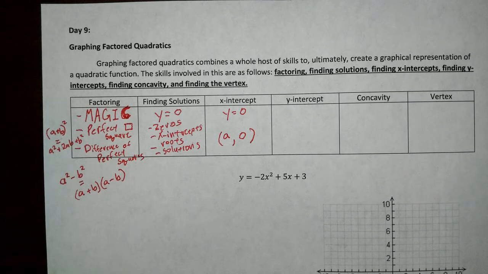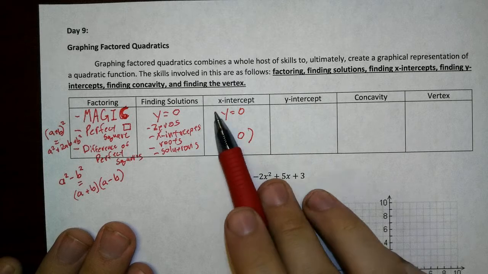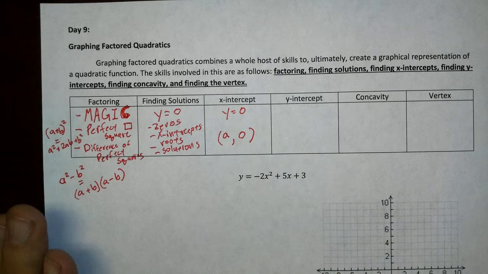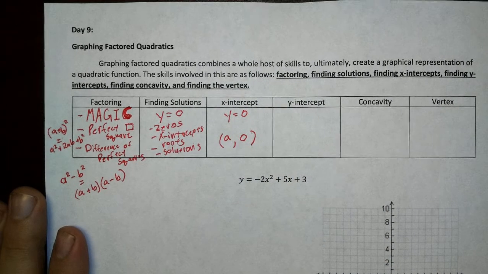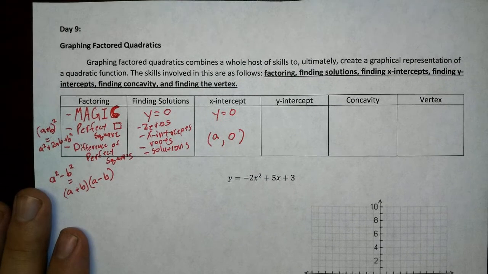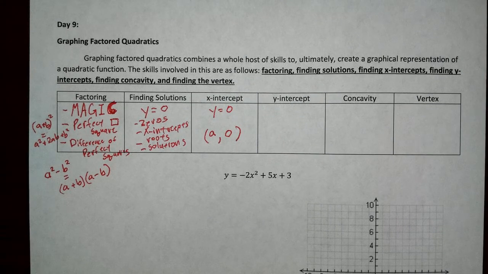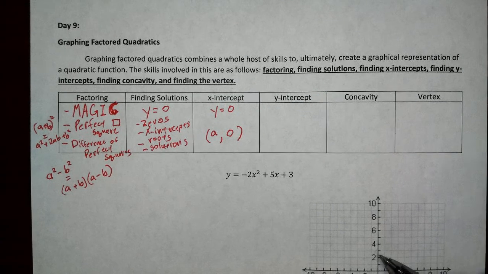Cool. Our y-intercept, alright? And so let's go ahead and frame what our y-intercept is going to be based on this. What can we say about our y-intercept? Well, what do we know when we have a y-intercept? We know that if it's a y-intercept, it's got to be crossing the y-axis. We can even look at it down here.